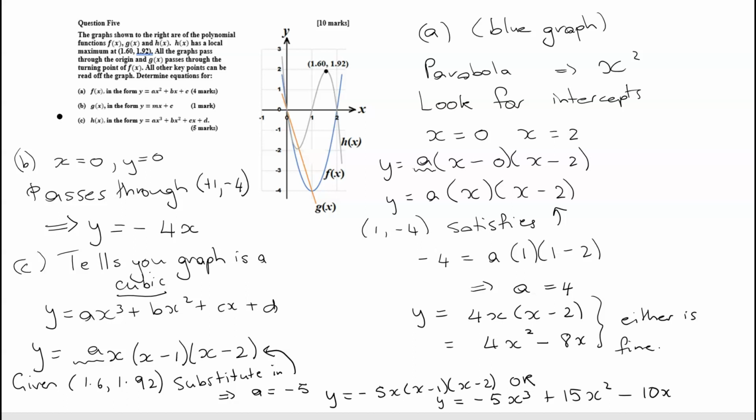So again, either of those ways of writing it is going to be perfectly fine and get you all the marks. So you look for the shape, look for the intercepts, and then use that information along with the shape to figure out the equations.